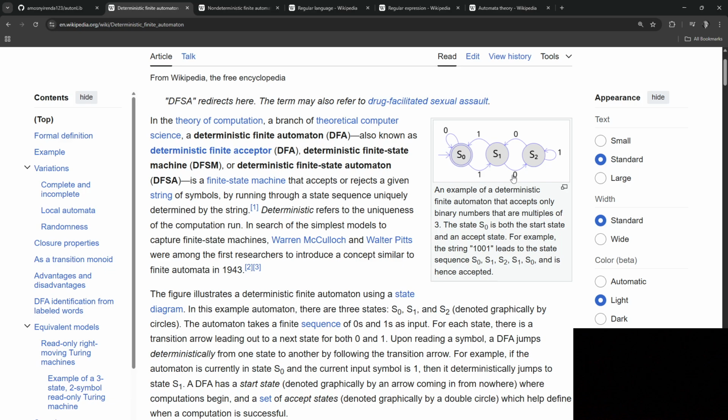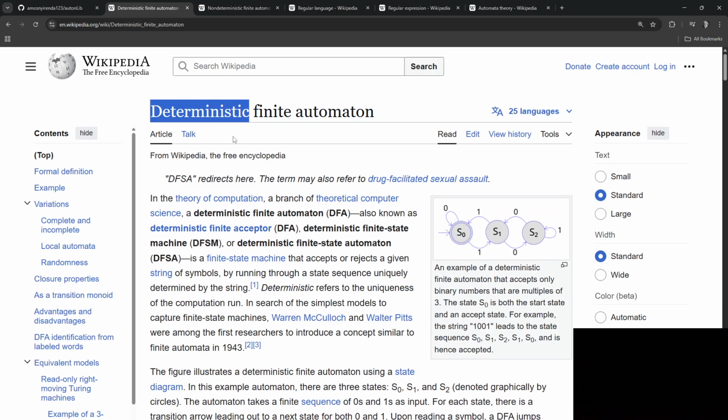For every outgoing transition we have a different symbol of the alphabet. So for S0, we have 1 here, we have 0. We are not seeing any other outgoing transition with 1 maybe going to a different state, let's say S2. So every transition goes to exactly 1 state on a particular symbol. That is the meaning of the word deterministic.